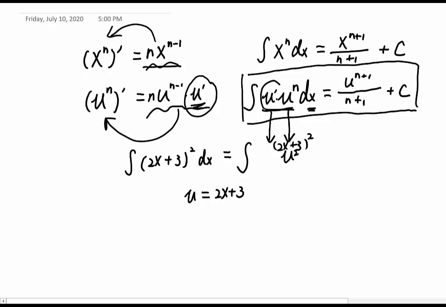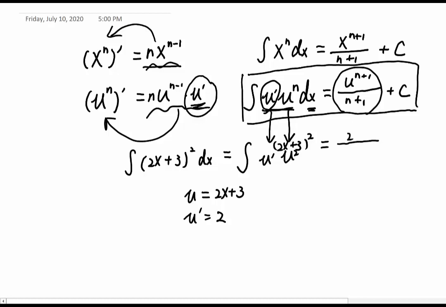Now we are missing u prime. In order to find that, we just take a derivative. That's going to be a 2. So our job right now is to make a 2 in front, and then we are done.